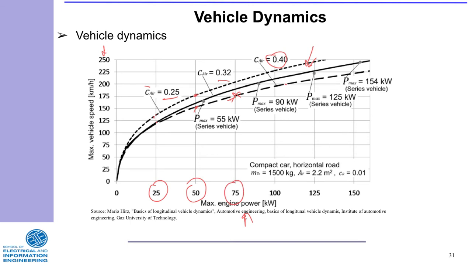So you need a bigger engine, right? Just because of the aerodynamics of the shape of the vehicle. See, this is how impactful these forces are on the loading on the vehicle. All right.